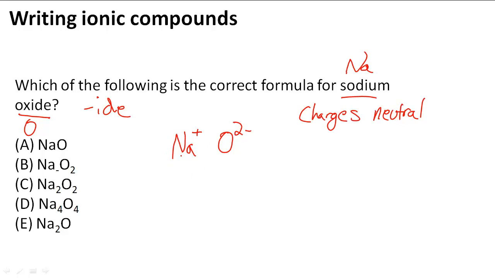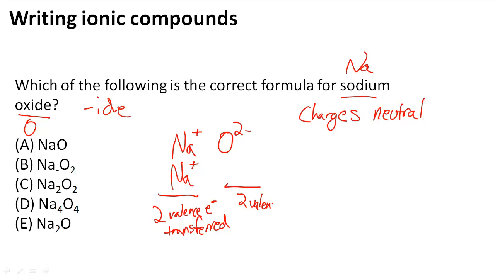For this particular problem, we need 2 Nas to donate or transfer their electrons to oxygen. So they're donating 2 valence electrons transferred. I'm going to write e negative for electron, transferred. And then 2 valence electrons received.